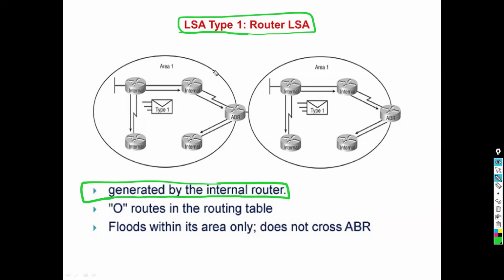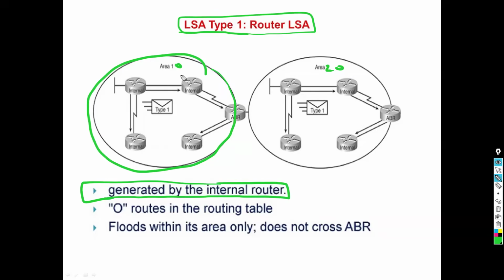For example, this is area 10, this is area 20. I'm talking about within area 10. So LSA 1, router LSA, is generated by an internal router.